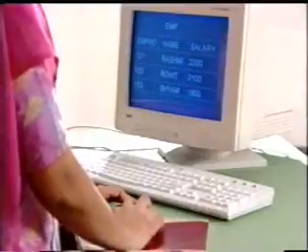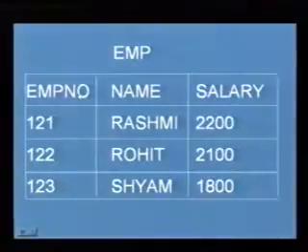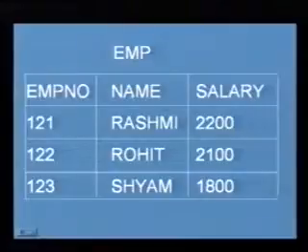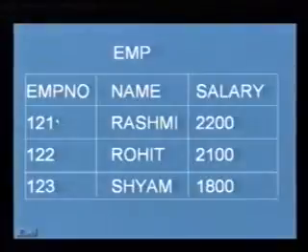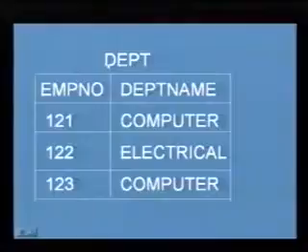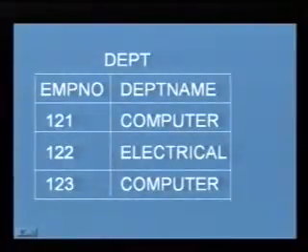Let us consider the table EMP with the attributes EMP-NO, name and salary, depicting that the employee number 121 has the name Rashmi and gross salary 2200 and so on. Let there be another relation department containing the attributes EMP-NO and department name. Let it be depicting that the employee number 121 is in computer department and so on.